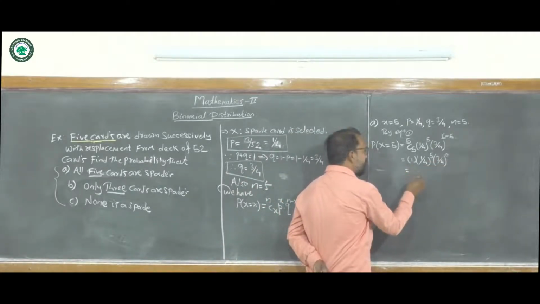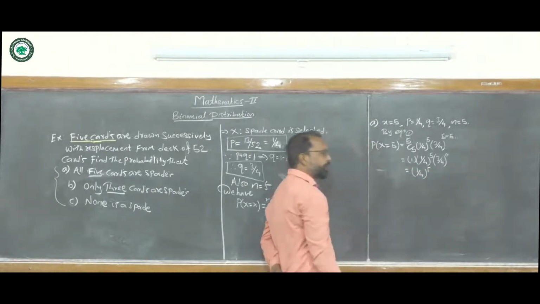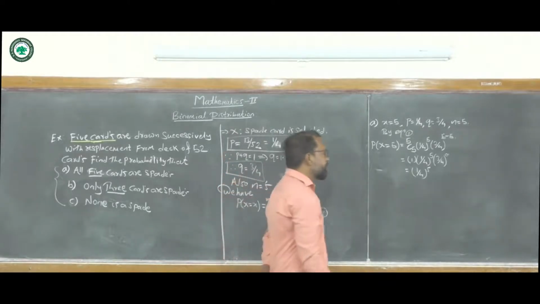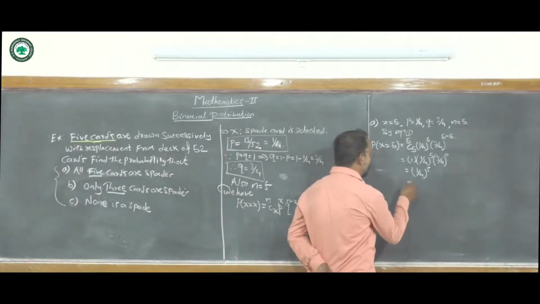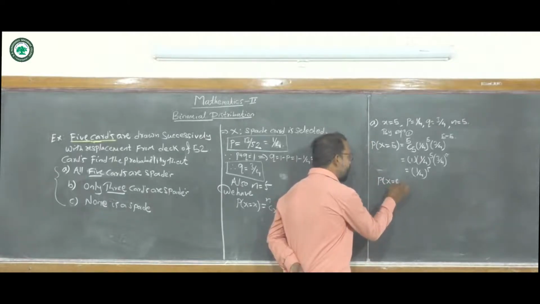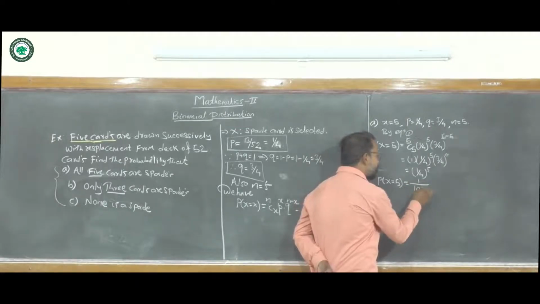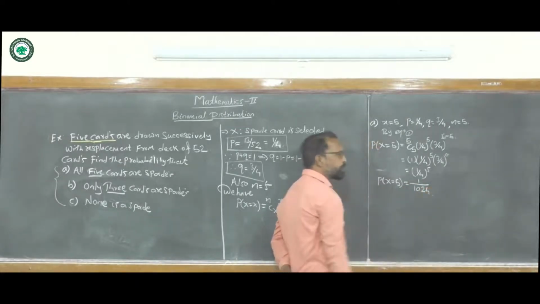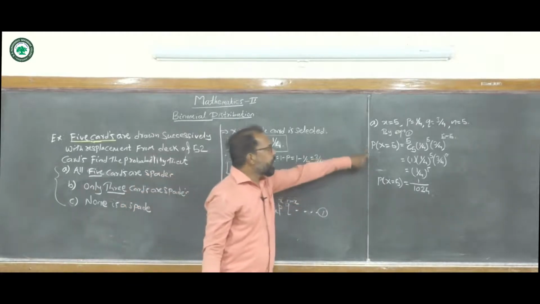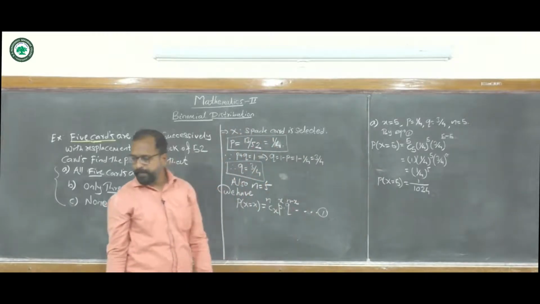So the remaining term is 1 upon 4 raised to 5 only. If we take the calculation, 4 raised to 5 becomes 1024. So the probability of x equals 5 is 1 upon 1024. This is the probability that all the 5 cards are spade cards.